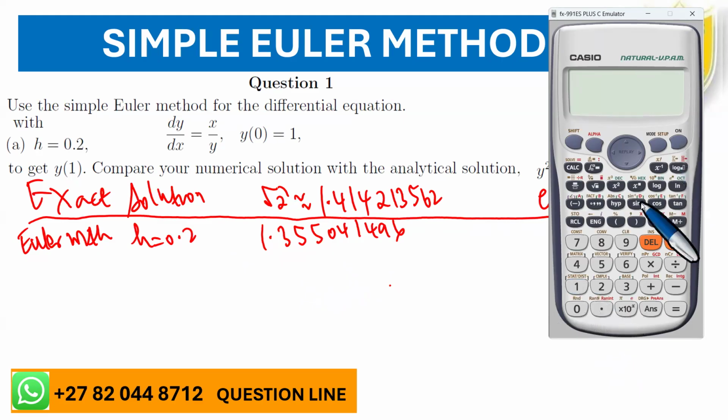You can take the square root of 2 to be more accurate, because obviously this is an irrational number. But we subtract 1.355041496.